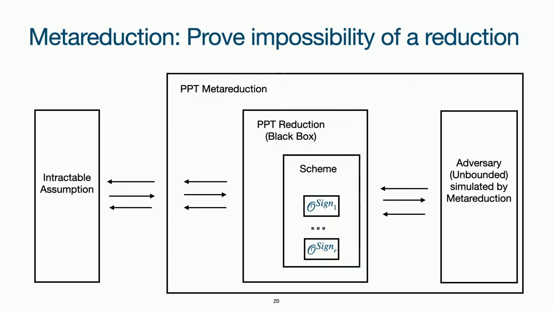But then we define an efficient meta-reduction, which simulates this adversary and uses the reduction as an algorithm to solve some assumption. So we're doing a proof by contradiction. We say, if this assumption is hard, then such a reduction should not exist.